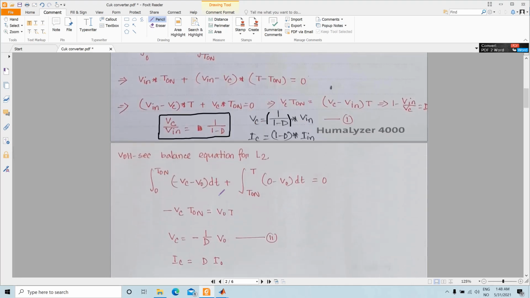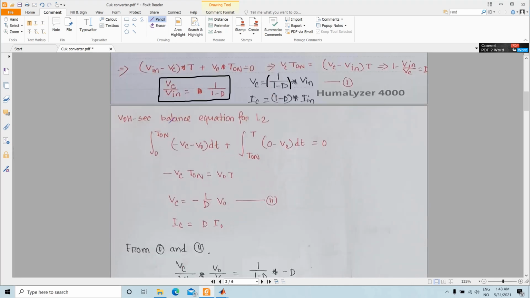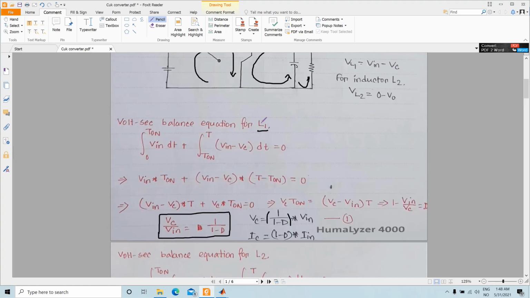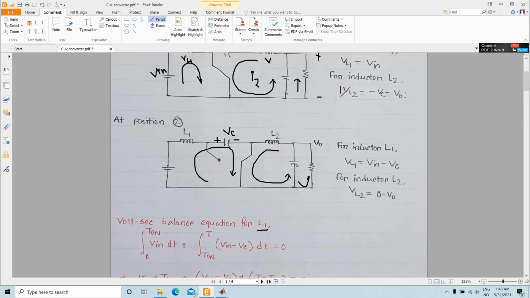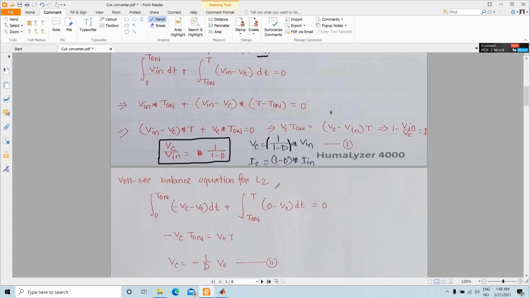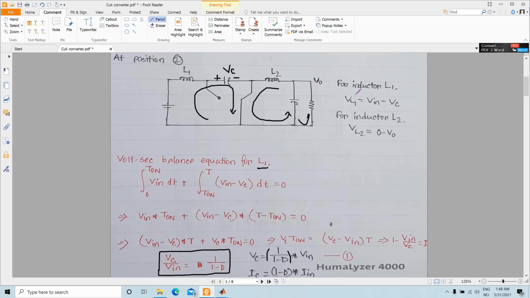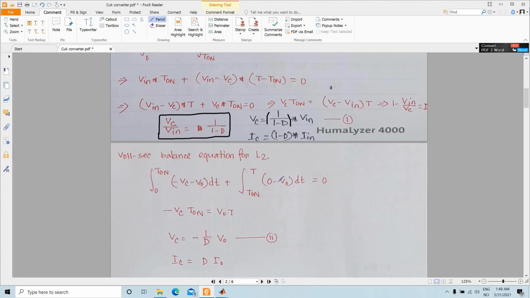And then if you use the volt-second balance equation for inductor 2, L2, then during the time from 0 to T on, we derive that VL2 is basically minus Vc minus V naught. You integrate it from 0 to T on, plus for the time in stage 2, VL2 is minus V naught, so you integrate minus V naught from T on to T, which equals 0.